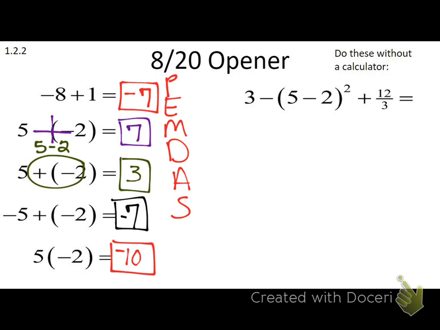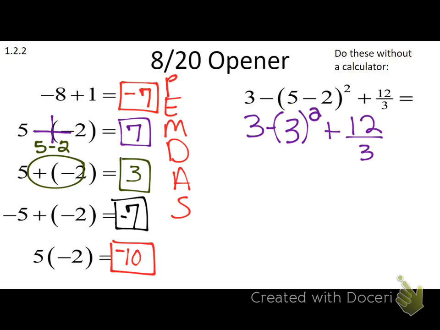What I want to see you do is, every step that we complete, we're going to rewrite. I won't make you do it forever. Maddie just took 5 minus 2 and got 3. Do I need to keep parentheses around that? Yeah, we're going to keep parentheses around it. Bring down my square plus 12 divided by 3. What's my next step after parentheses?